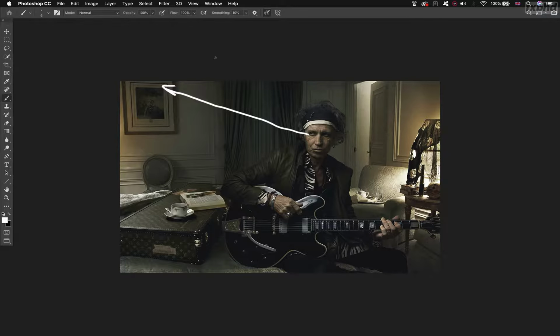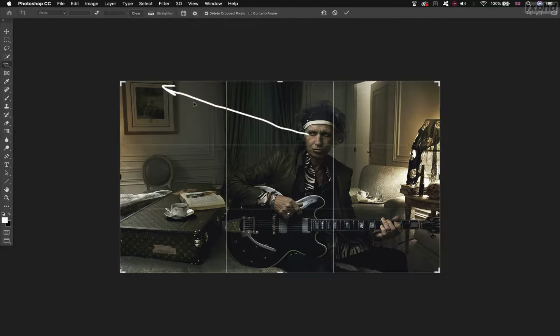And again, if I was cropping nearly his face straight onto this point, which is one of the rule of thirds points, you can notice that the guitar itself is almost following the line of the third as well.